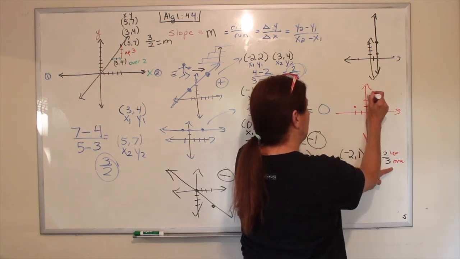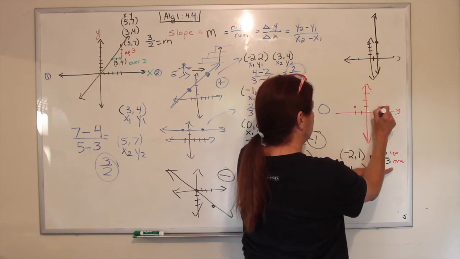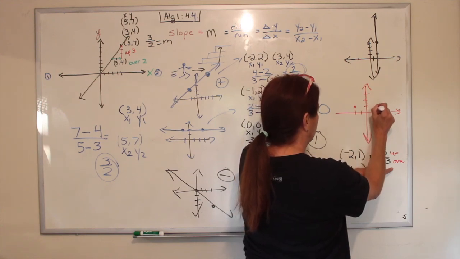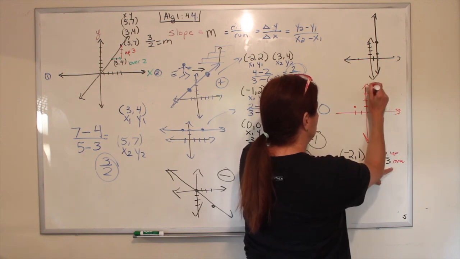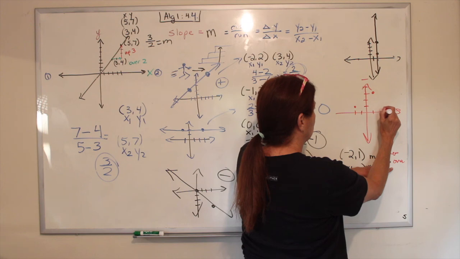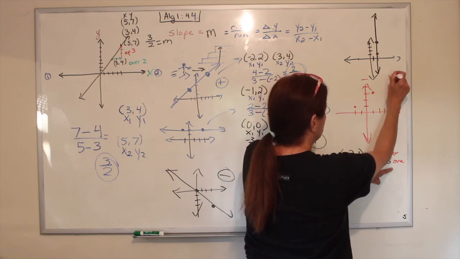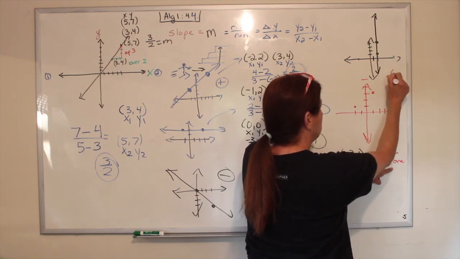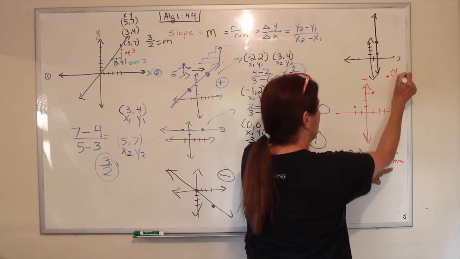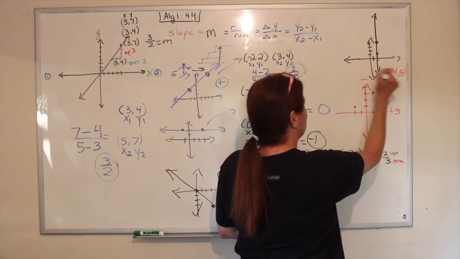So I go up 2, and I go over 3. 1, 2, 3. And I put another dot, and then I go up 2 more, and then go over 3 more, and put another dot. I can see that when this point here, x is 4, y is 1, 2, 3, 4, 5.